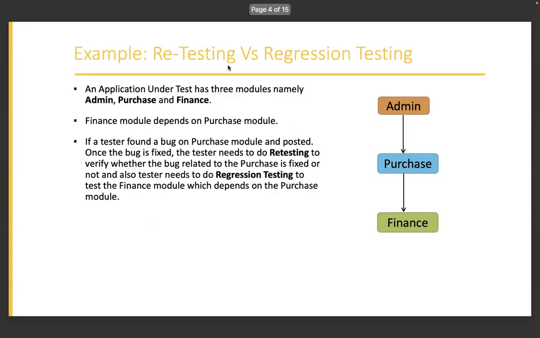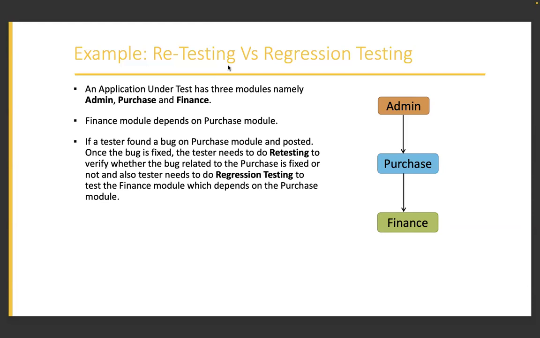Next, here is one common example which you can understand very simply. We have three modules: admin, purchase, and finance. Now, if someone has found a bug in the purchase module, the one showing in blue color, and the fix is made in the purchase module, the tester will do retesting.